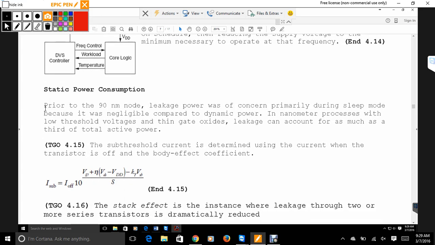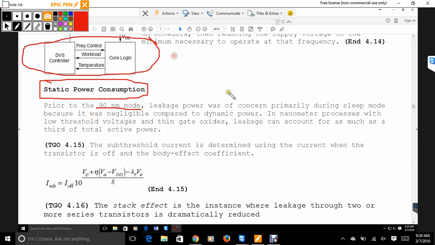All right, as our transistor size gets smaller and smaller, we have to worry about static power consumption more and more. We started with dynamic power consumption, and used dynamic voltage scaling to get the minimum power consumption to run the circuit appropriately. Our trade-off is the more we do, the more we add to the core logic.